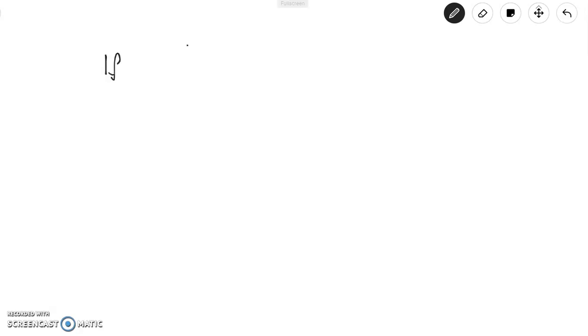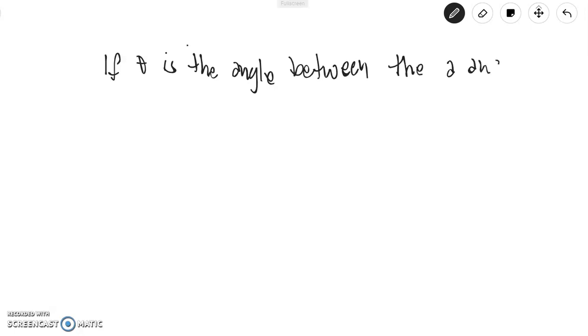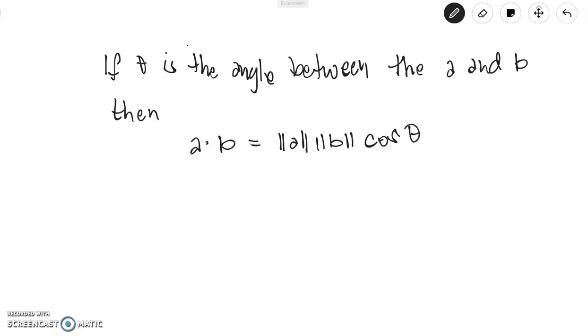For example, if theta is the angle between vector A and B, then the dot product of A and B is equal to the magnitude of A times the magnitude of B times cosine theta, or we can have cosine theta equals the dot product of A and B over the magnitude of A times the magnitude of B.